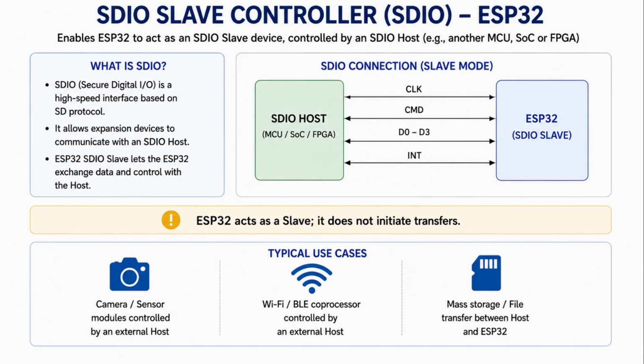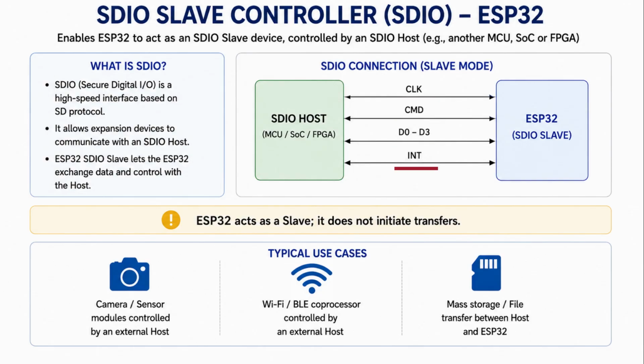Now let us look at SDIO Slave. Here ESP32 acts as the slave. That means an external host controls the communication. The host could be another MCU, an SoC or even an FPGA. The main signals are clock, CMD and data lines D0 through D3.